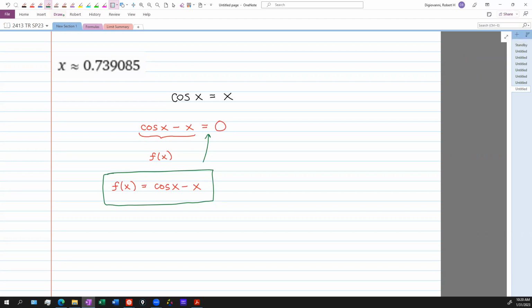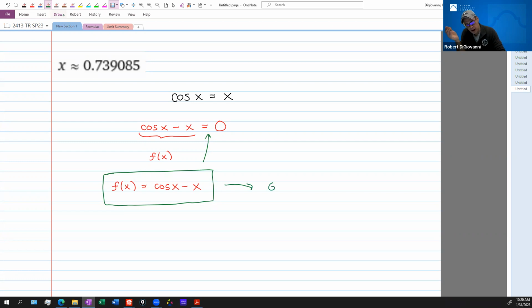The x-intercepts. Yeah, the x-intercepts. You're trying to figure out where that graph hits the x-axis. So this right here is just a graph, right? We can graph that function. We can use a computer to do that if we wanted to.